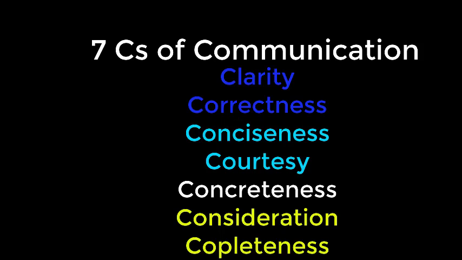So we need to avoid repetition in our communication. Repetition of the same word, the same sentence, the same event is really very monotonous. So we need to be very concise. How will we be concise? Using minimum and appropriate words.